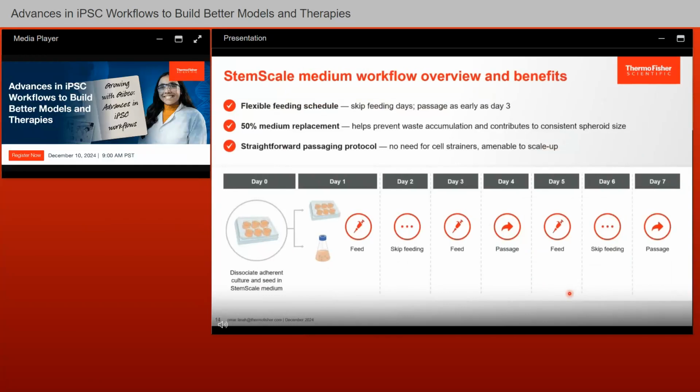Now, upon the initiation of the culture, single cells will nucleate into these free-floating spheroids, like I mentioned, where the spheroids will be around 100 to 150 microns in diameter on day 1 over here.